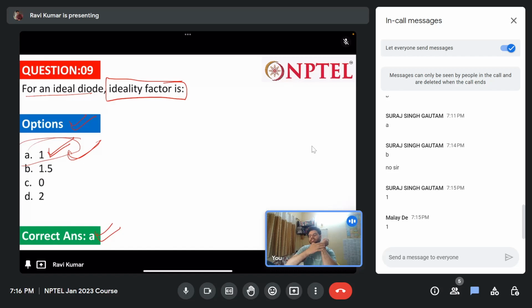So do you understand what this ideality factor is? Okay, how do we find this ideality factor? From theory?